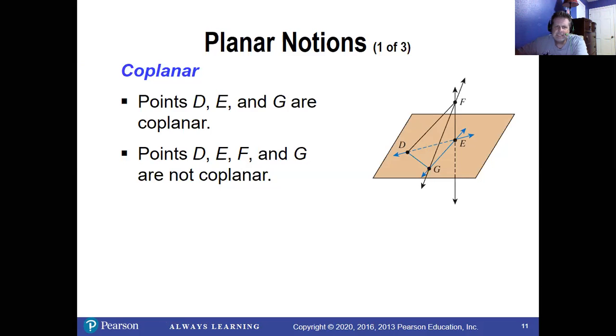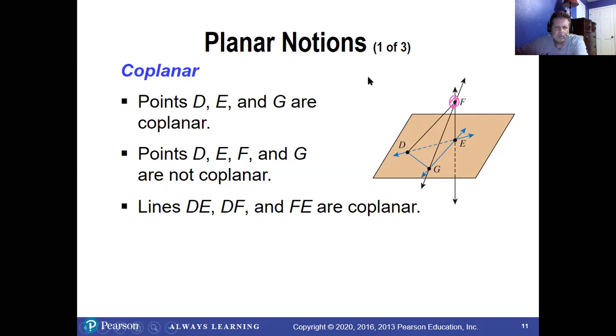Notice D, E, F, and G are non-coplanar. What makes it non-coplanar here? F up here is not on the plane, so it cannot be coplanar with these three. Now, here's the thing. You can make any three points coplanar.